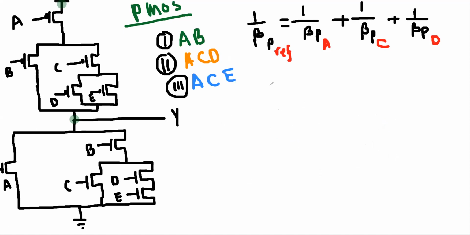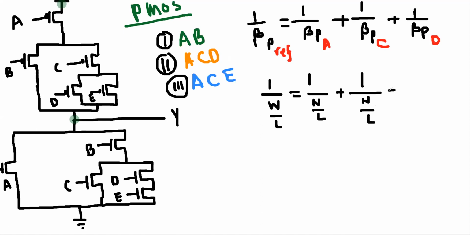So beta P is equal to W by L, 1 divided by W by L equals 1 divided by W by L, 1 divided by W by L, 1 divided by W by L. And for this one, this is the reference, right? So I can call it reference.